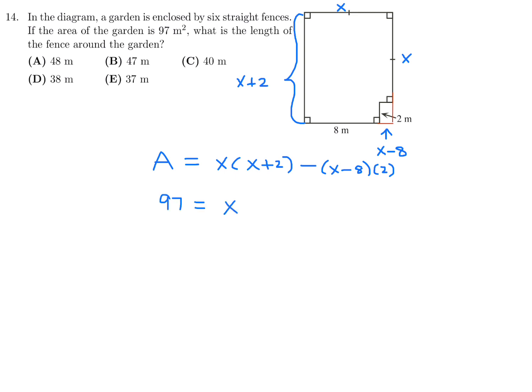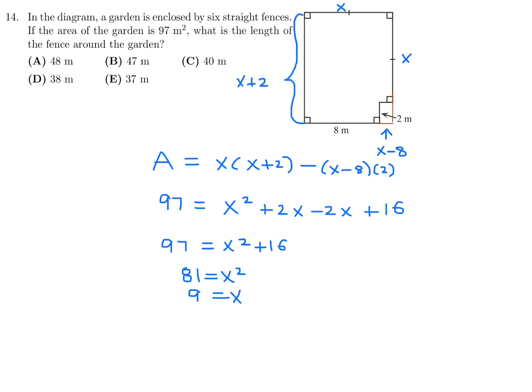So let's expand this. You get X squared plus 2X minus 2X plus 16. And therefore we have just X squared plus 16 is 97. And then if you put the 16 over the other side, you get 81 as X squared, and then X is 9. So it works out very nicely.